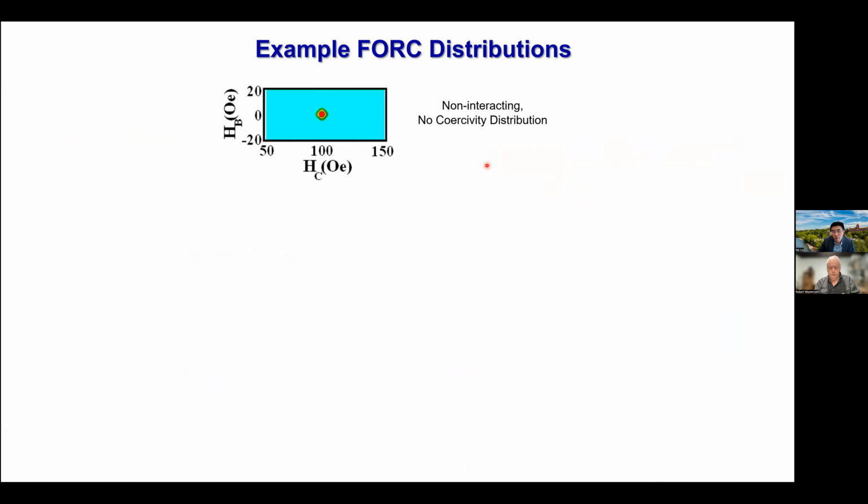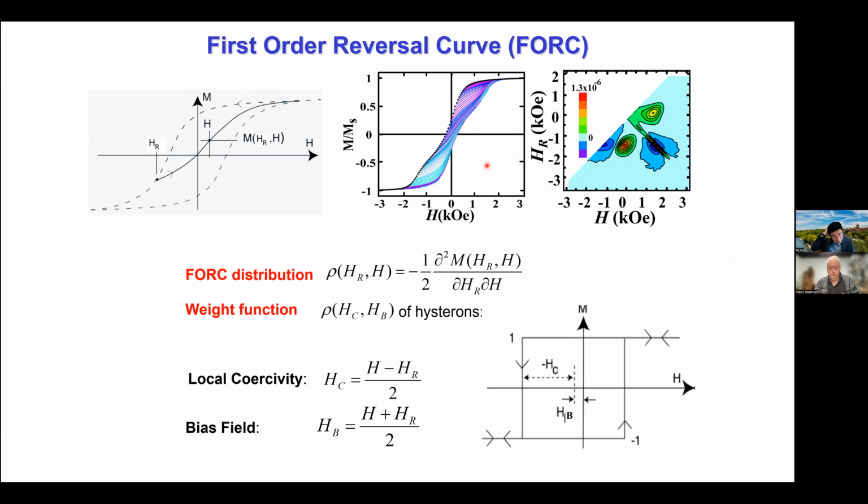So a FORC distribution can be plotted in either one. I didn't really talk about this histogram idea. One way to get a physical sense of what FORC is trying to do is if we envision the system as consisting of many elemental hysteresis units called hysterons, which have unit magnetization 1.